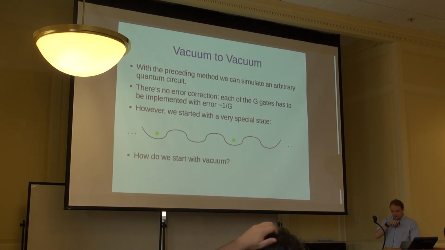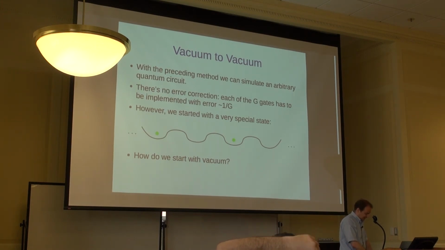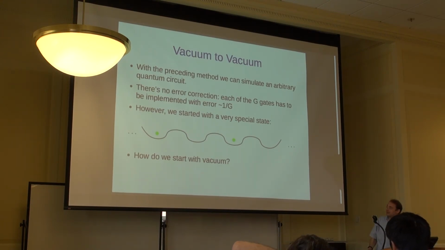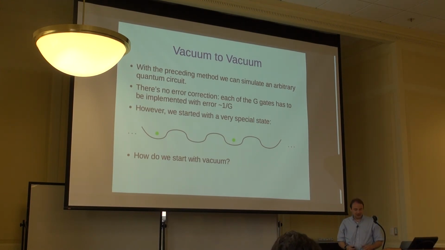Okay, so now that's the essence of how we simulate our circuit in this quantum field theory process. We can simulate some arbitrary quantum circuit acting on these encoded qubits. And you note that we want this to be a fully unitary process.